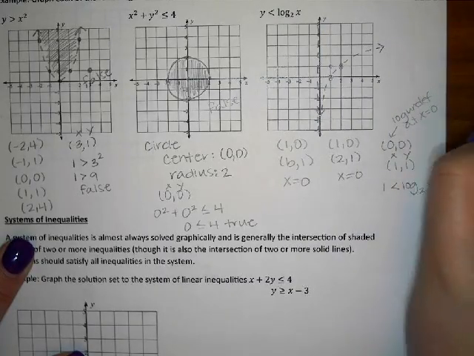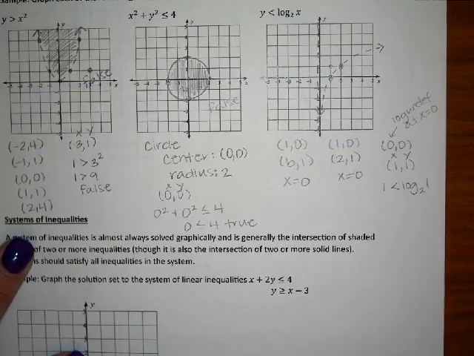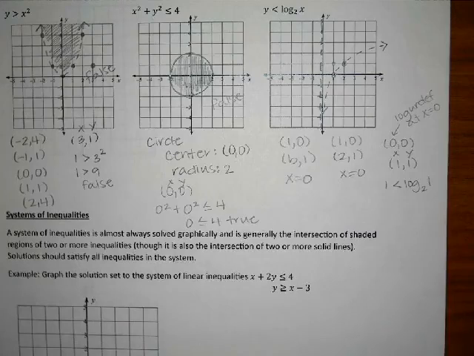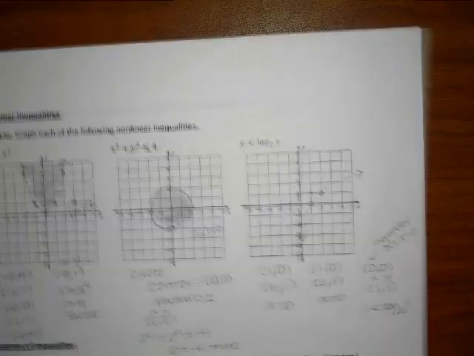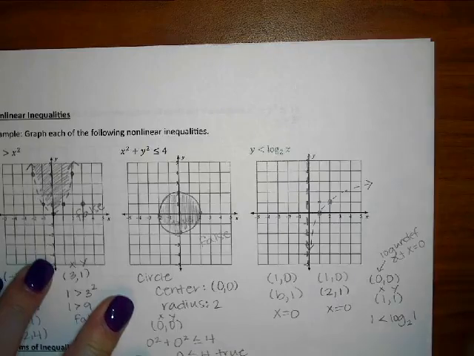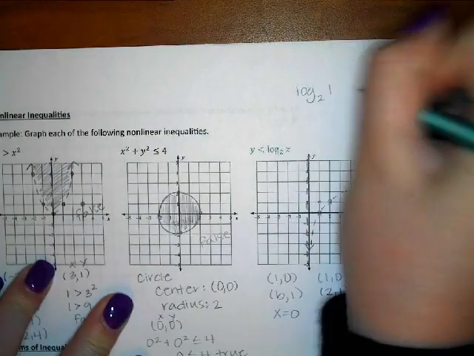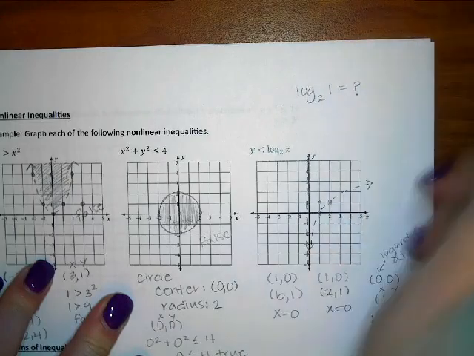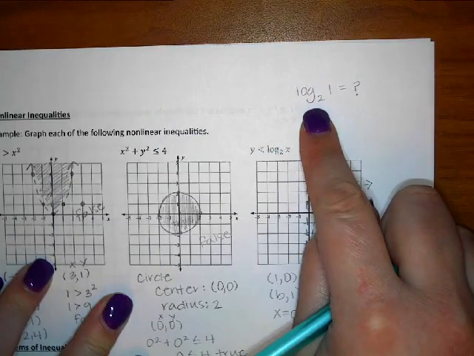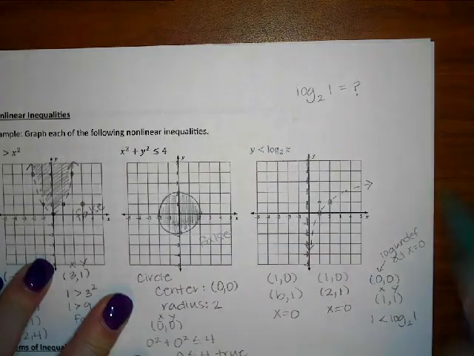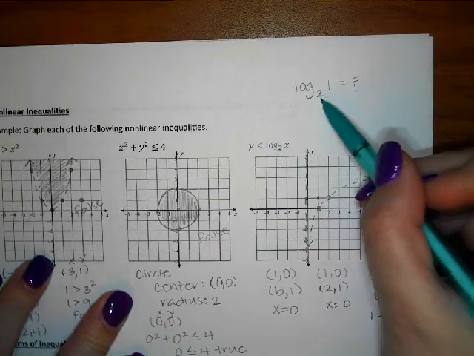And if you guys remember how logs work, I'm going to write this up here because maybe you're trying to evaluate log base 2 of 1 in your head and you don't have a calculator handy. If I'm trying to figure out what log base 2 of 1 is, so I can compare it to the number 1 and see if it's bigger or smaller, I would say, well, let me go ahead and undo the log because my brain doesn't think in terms of logs.